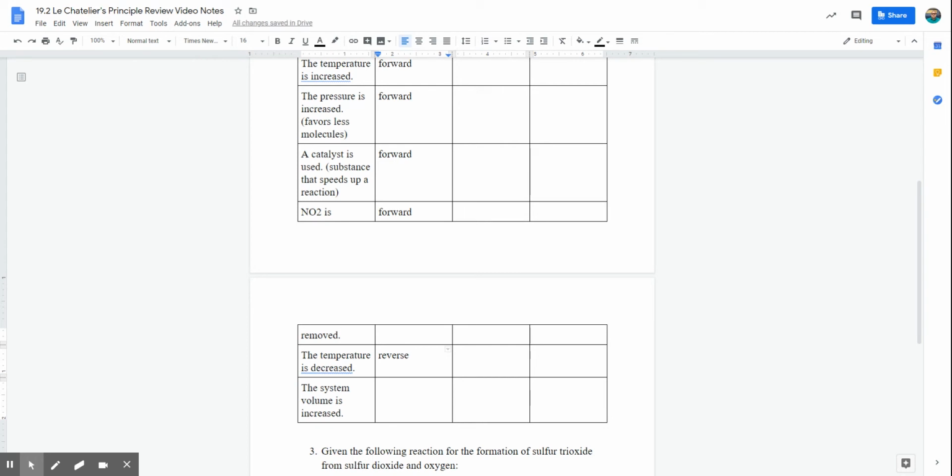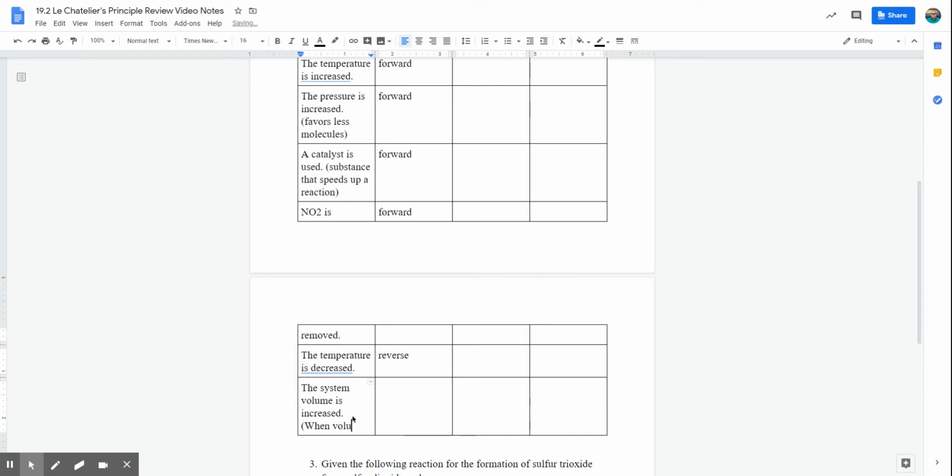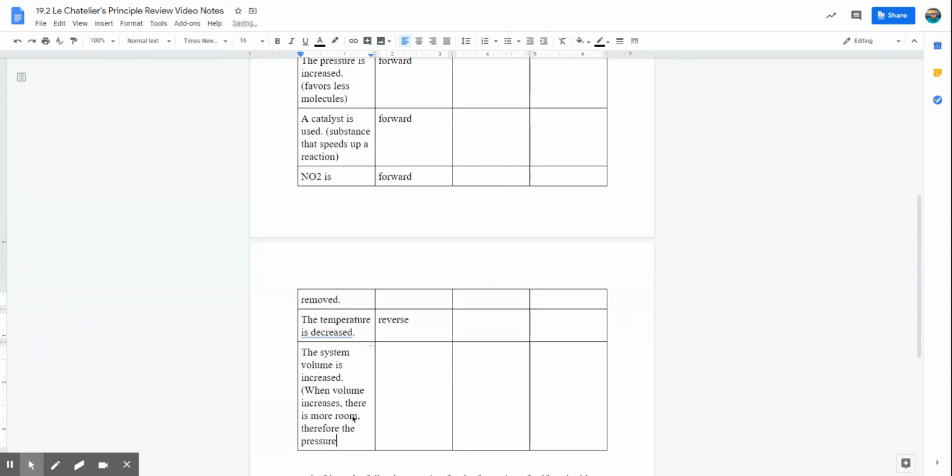Okay. And then the last one here is the system volume is increased. So just from the gas laws, we know that when volume increases, that means there is more room, right? Therefore, the pressure decreases. So this is actually a pressure question.